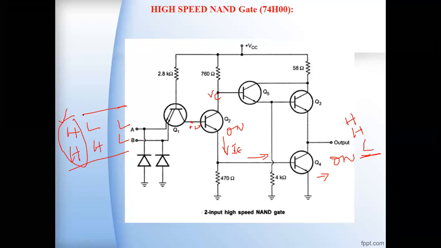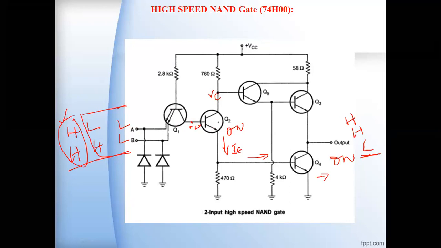Now take the remaining combinations of inputs. When both inputs are low, the transistor Q1 easily turns on. Therefore, the voltage at the collector of Q1 is almost a low value, and that value is not sufficient to drive the Q2 transistor.